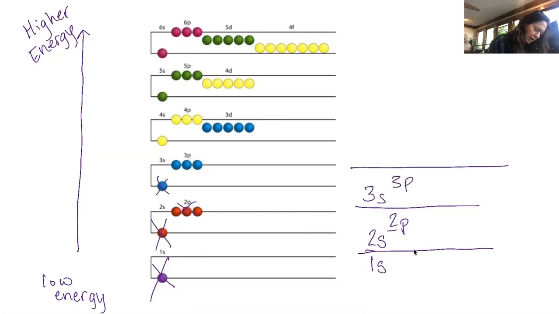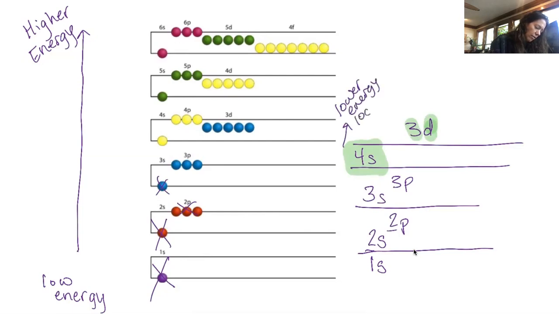After that comes the 4s and then the 3d. So electrons actually fill up the 4s orbital before they enter the d orbitals on the third energy level. The reason is that it's a lower energy location, and you just need to be aware of that.